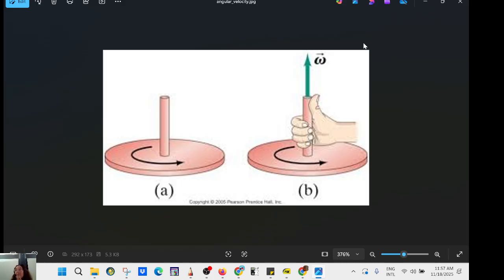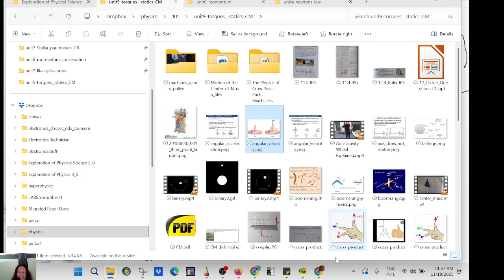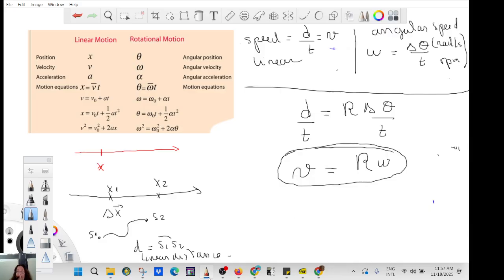So in that case, it's up. It's a vector. Agree? Straight down too. So if it's spinning this way, it's going to go this way. If it's spinning that way, it's going to go that way.